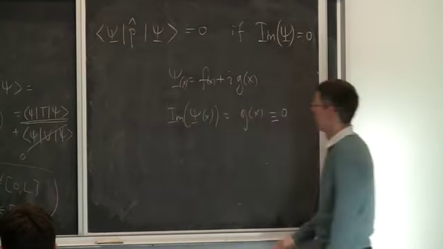Psi of x. And I'll show you that this integral will be zero for any real function. How do I do that without knowing what the function is? Well, first of all, I can take this minus i h bar outside of the integral, right?